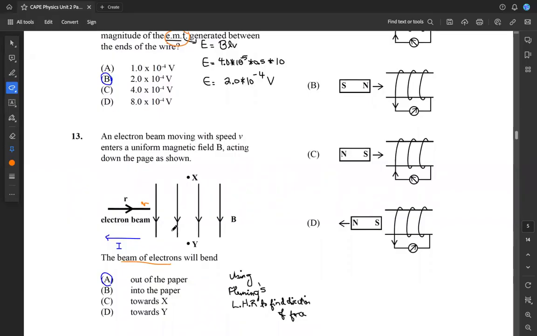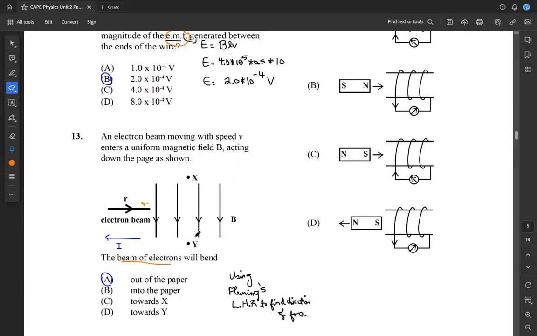Here again is another case where we have to use Fleming's rule. Actually, we're going to use Fleming's left-hand rule in this case. We take our left hand. The magnetic field is pointing down, so we take our index finger, our first finger, and point that downwards.